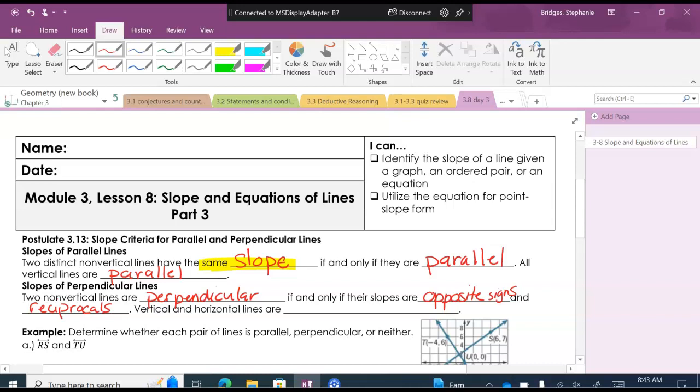And then the next blank says vertical and horizontal lines are always going to be perpendicular to each other. So before I continue, I want to make sure we understand perpendicular lines have opposite signs and reciprocal slopes.